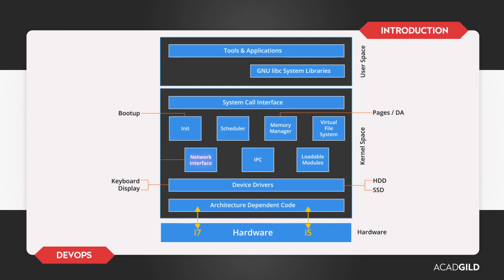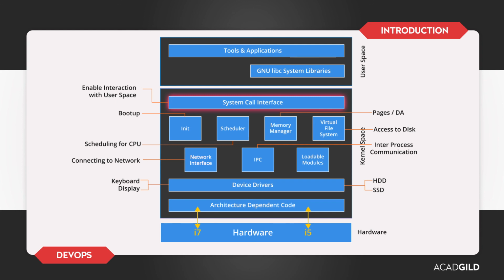There is a network interface for connecting to networks, VFS for accessing your disks, IPC for inter-process communication, and Scheduler for scheduling processes with CPU. There is System Call Interface. System Call Interface enables interaction with the user space or the applications. So you use system calls to interact with various modules or with device drivers and then ultimately interact with your hardware. This is what a typical Linux architecture looks like.